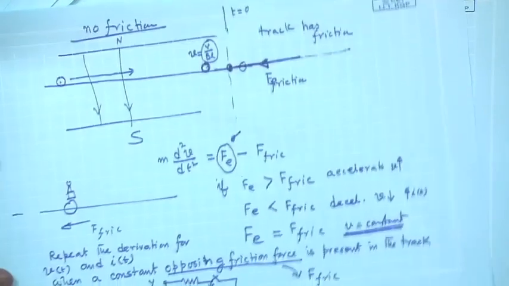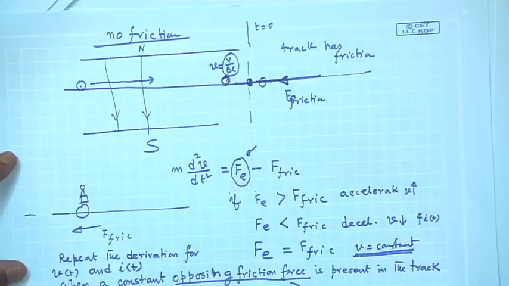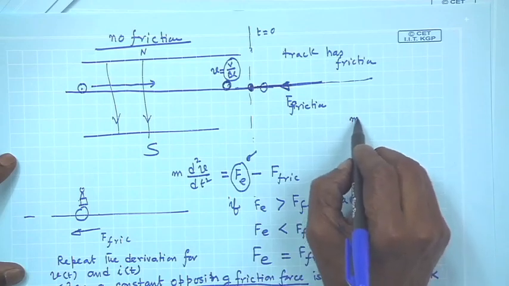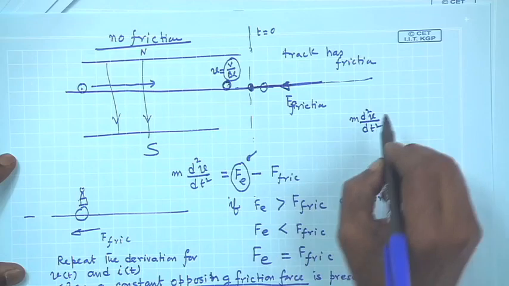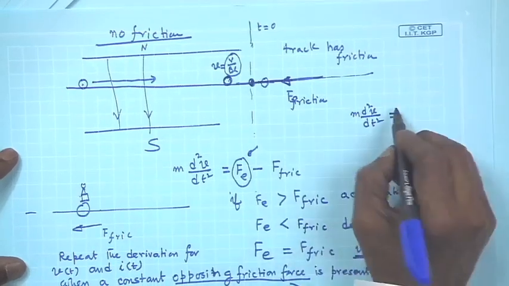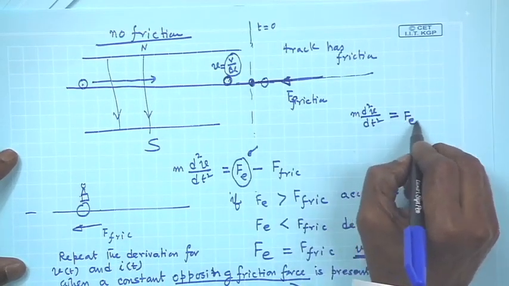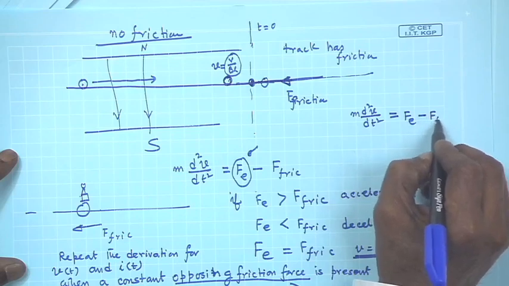The only thing I will give you are hints. It was otherwise stationary for t less than 0. So, your equation of motion should be m dv/dt is equal to the net force acting, which is the electromagnetic force minus F friction.